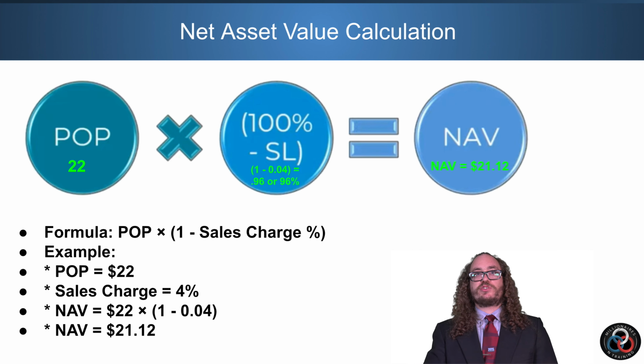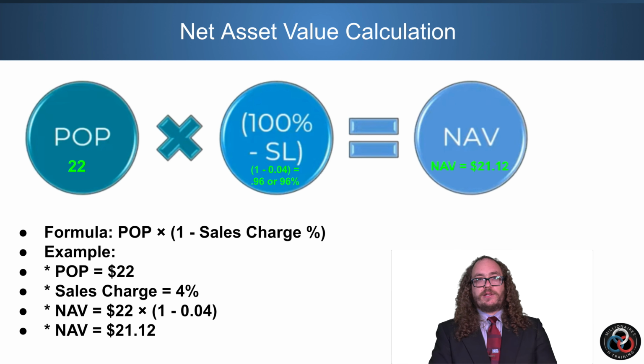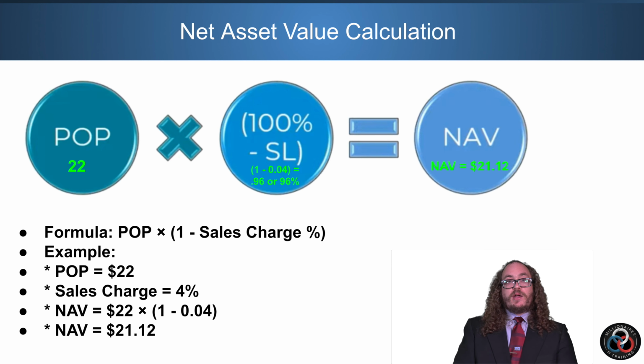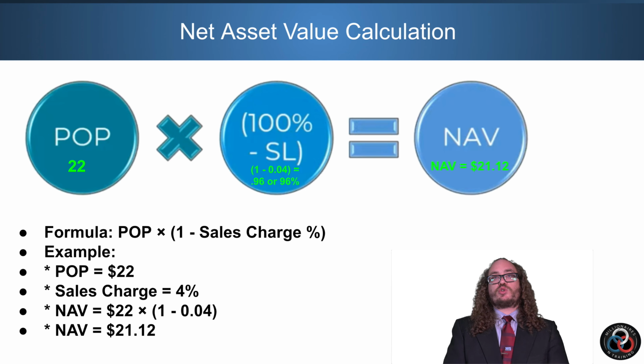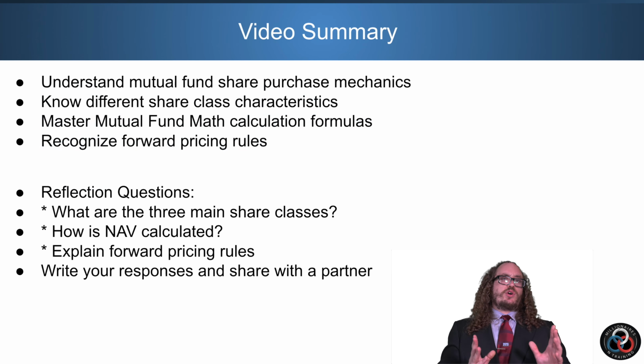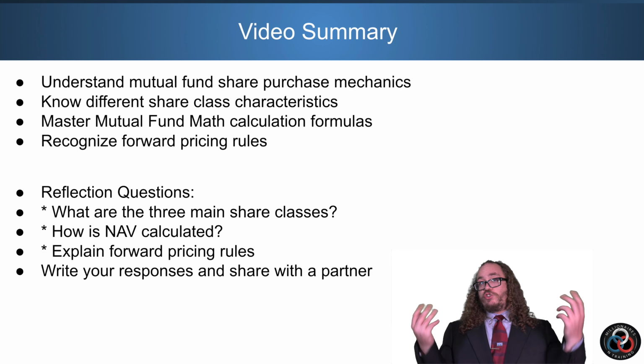So $22 times 96% will give us the net asset value. And our net asset value ends up being $21.12.